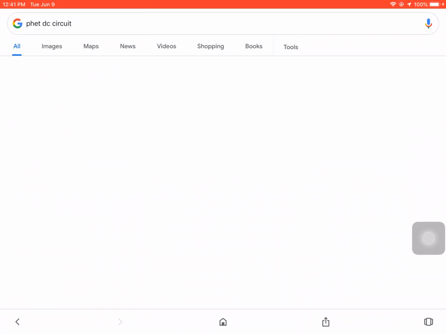I'm not sure if it's thinking about it or what it's doing. It should bring up the lab, the PHET.